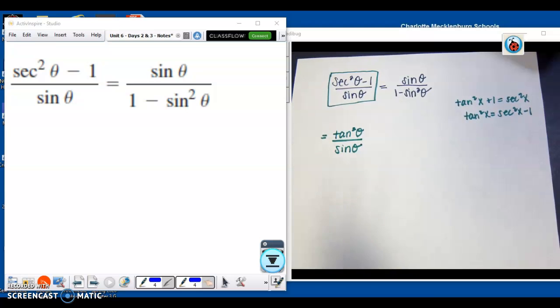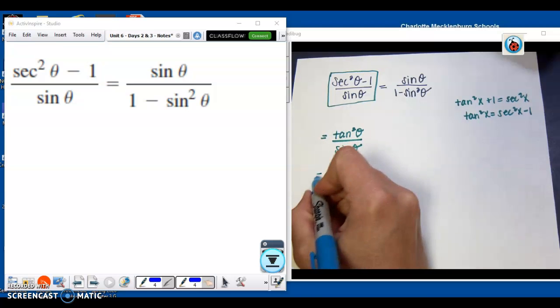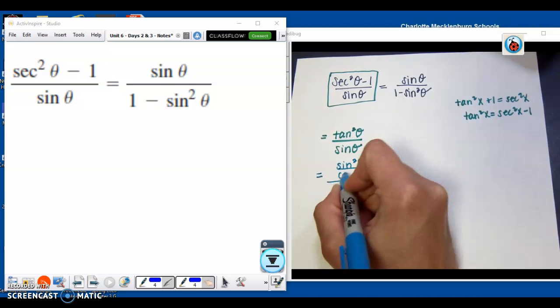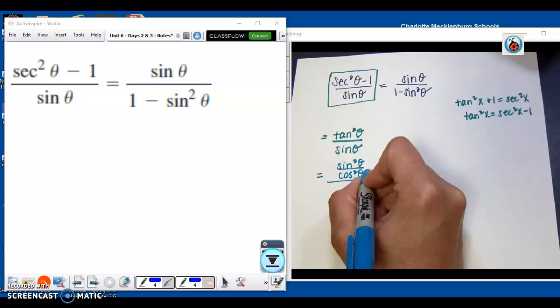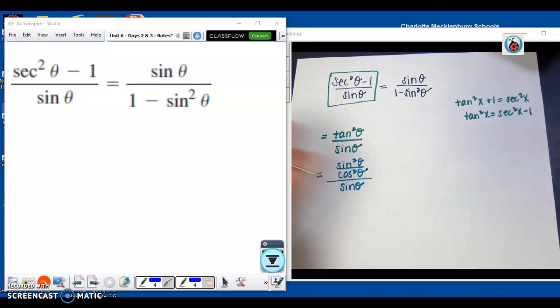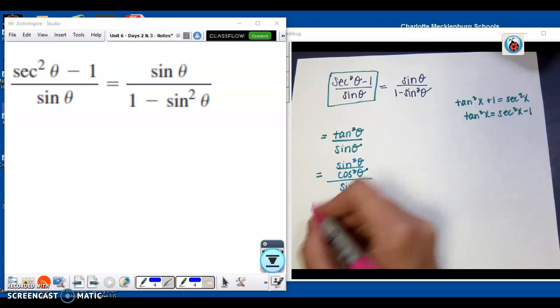Okay, so we know we want to write it in terms of sine and cosine. So we know tangent is sine over cosine, but I'm going to have to do sine squared theta over cosine squared theta. And then we have sine theta on the bottom. Because we have a fraction divided by a fraction, we're going to do same change flip.